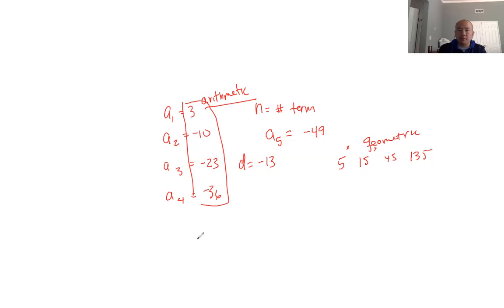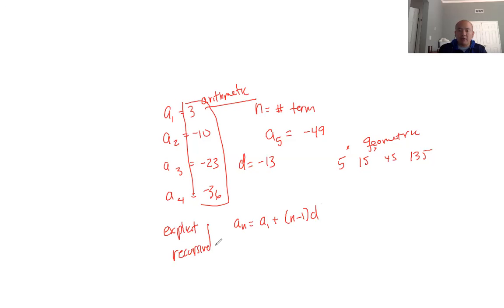Now you're going to use two formulas, called explicit and recursive. Explicit is based on the first term: a sub n is equal to a1 plus n minus 1 times d. The recursive is based on the previous term.